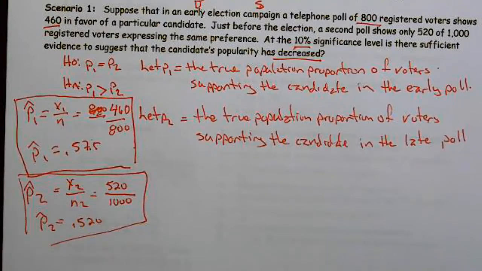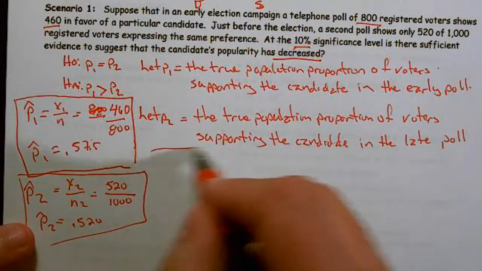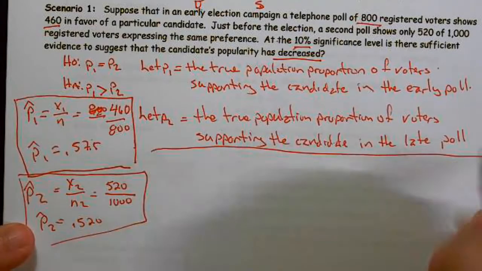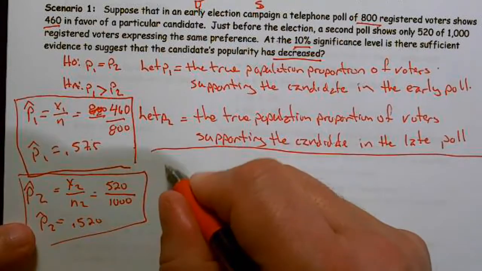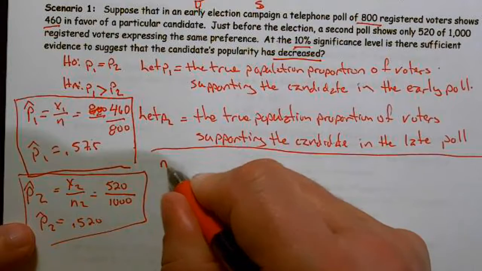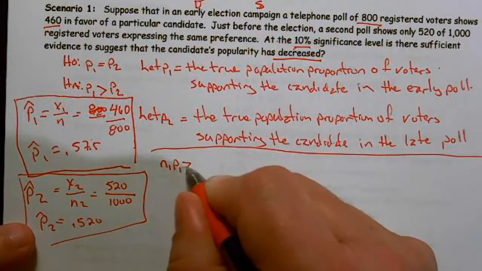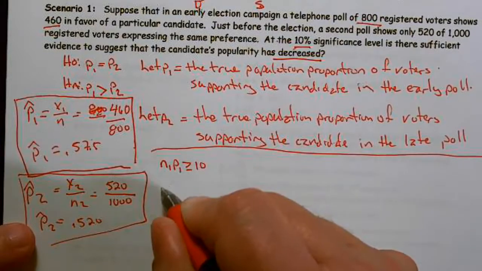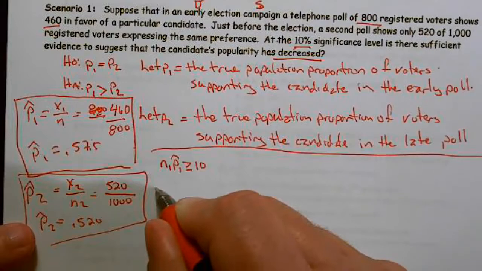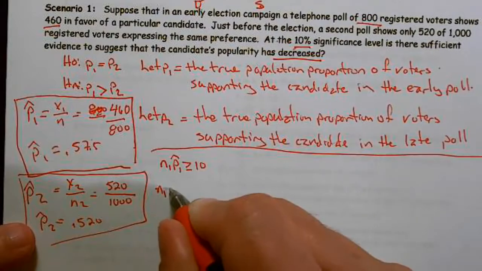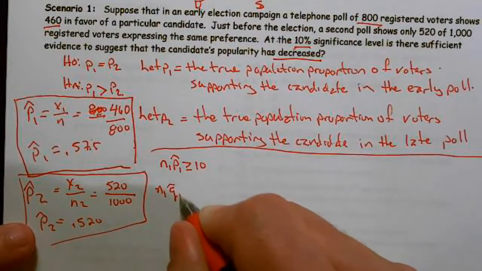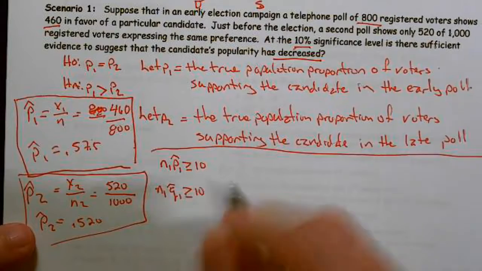We don't know yet. We need to go ahead at this point and check our conditions. So N1 P1 has got to be greater than or equal to 10, and N1 Q hat 1 has also got to be greater than or equal to 10.